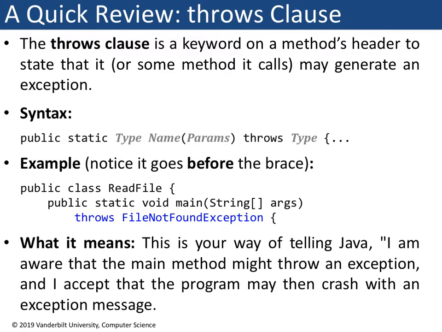This is a way of telling Java, I know that the main method, or one of the methods that the main method calls, may throw an exception, but I don't want to do anything about it. I want to let the JVM handle it, which means that the program may crash if an exception is thrown.